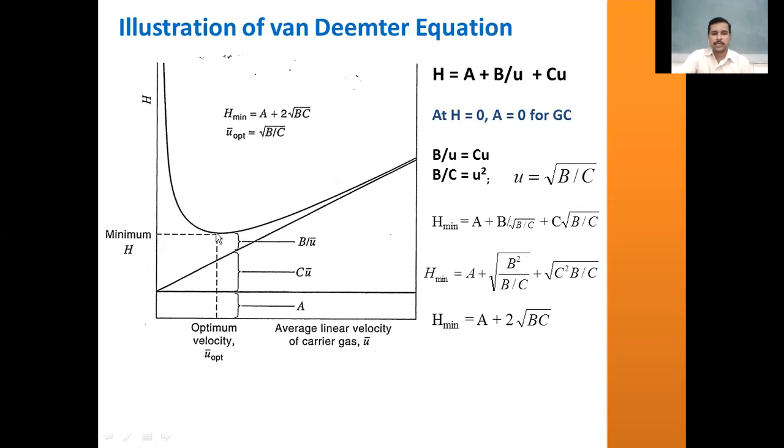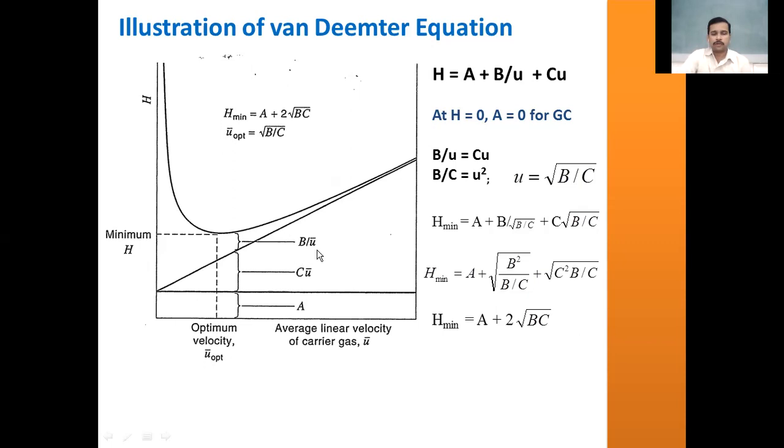This portion indicates the range of linear velocity of the mobile phase between which the value of H was not disturbed. It was maintained at a constant level. So this mobile phase velocity can be called the optimum velocity, U bar optimum.